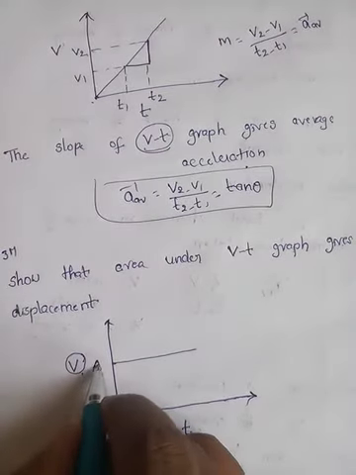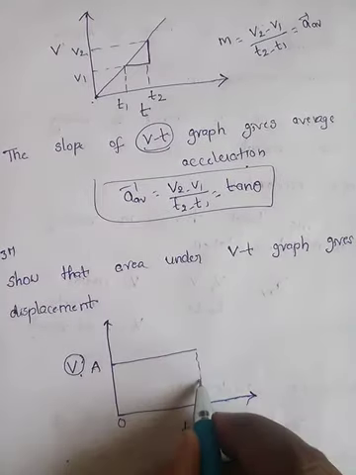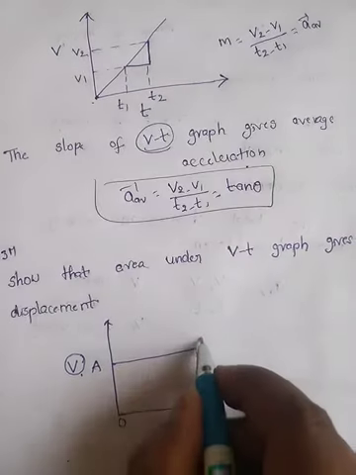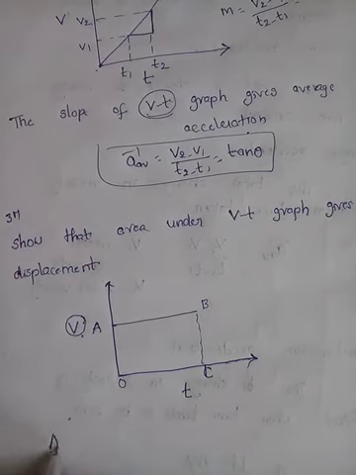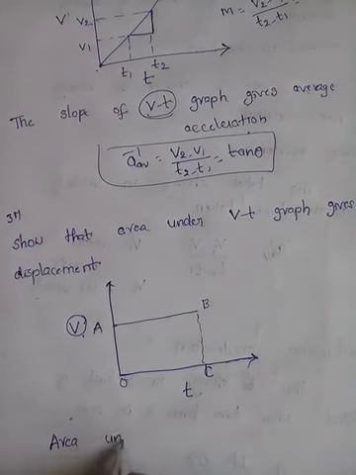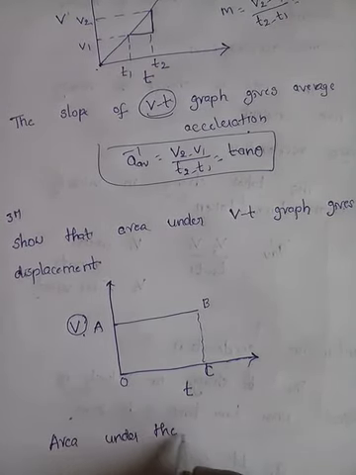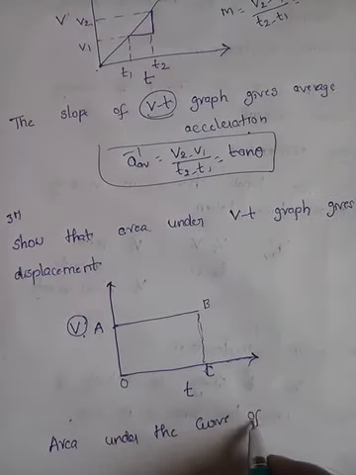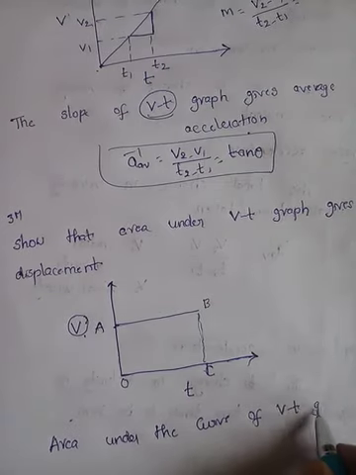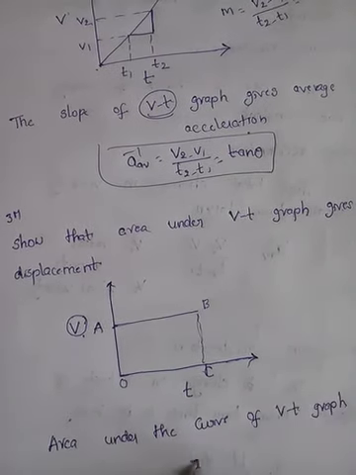Now let us name this point A, this B, and this C, with total time taken being t. Area under the curve of the VT graph is equal to what?